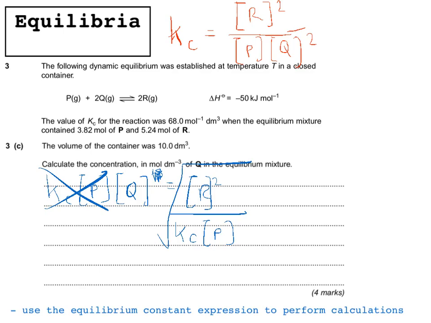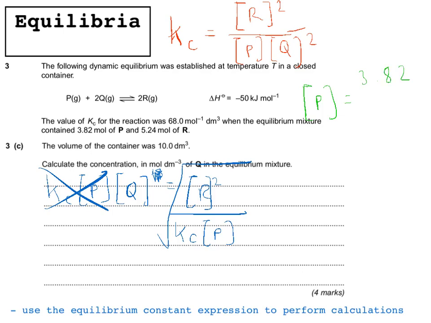Now we've got to get values for the concentration of R and the concentration of P. We've already been given the value for Kc, which is 68. You've got to be careful here because the values for P and R have been given to you as moles, but remember that the square brackets represent the concentration of them. So you've got to use this volume as well to first convert these into concentrations. The concentration of P is going to equal 3.82.